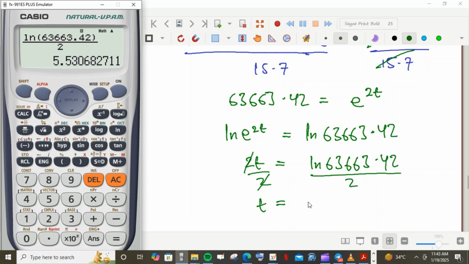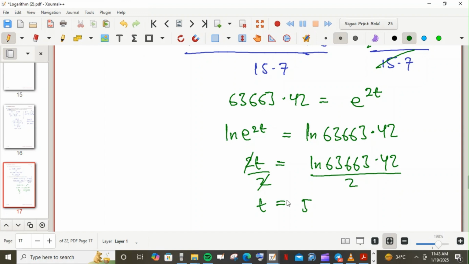So I'm getting 5.53. So this is almost 6 weeks. Okay. So in the 6th week.